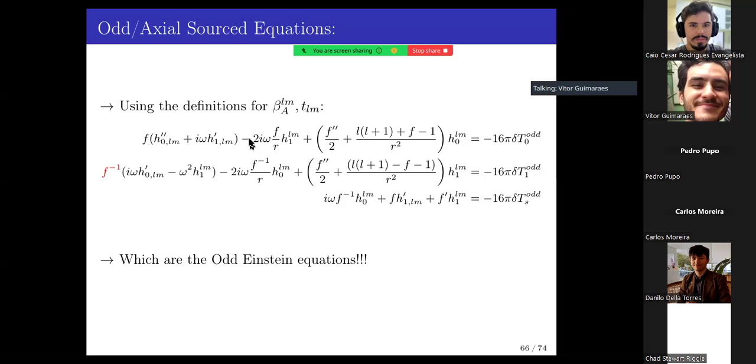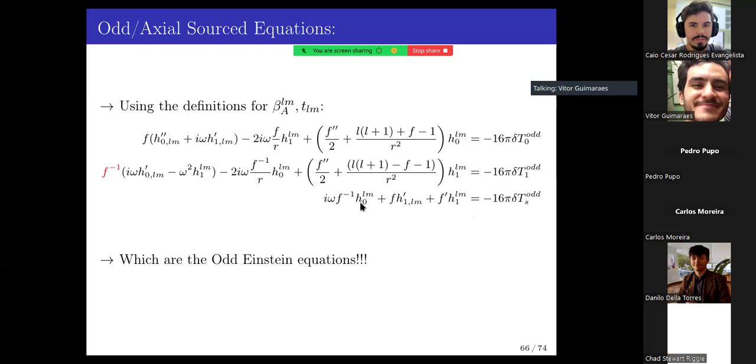So all of these are functions of omega and r instead of t and r. But Berti doesn't do the Fourier transform right away, at least, so you're going to see a few slight differences, which are basically in these terms with the omega.